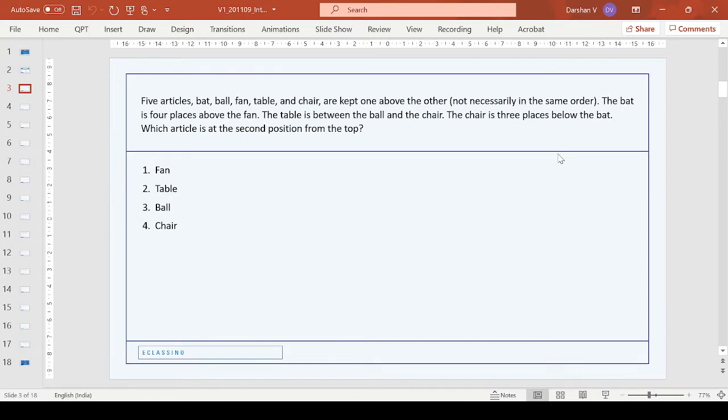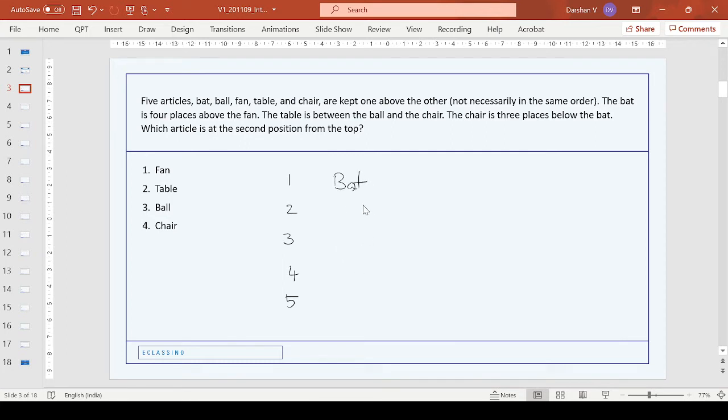So the first question, we have 5 articles which are kept one above the other. So we know that these have to be in a format similar to this, since they are kept one on top of each other. Now the first sentence says that the bat is 4 places above the fan. So let's put the bat here and let's see how it works out.